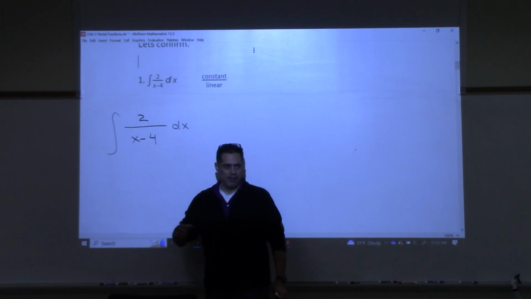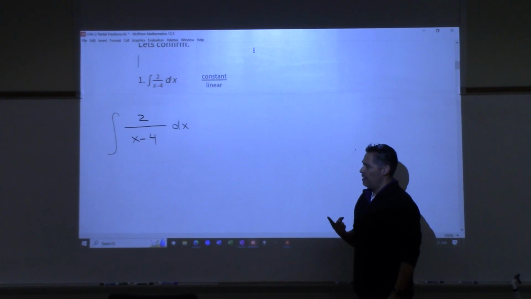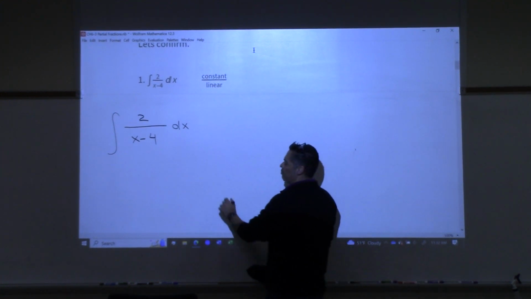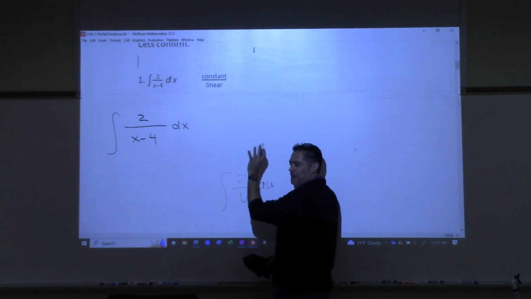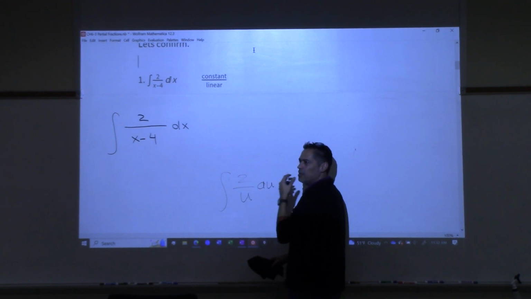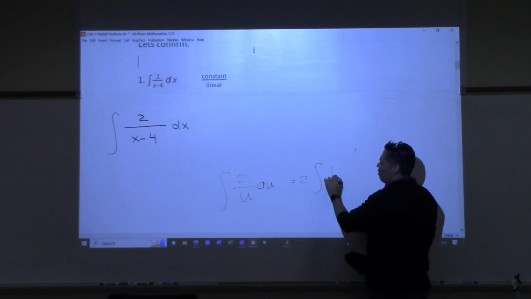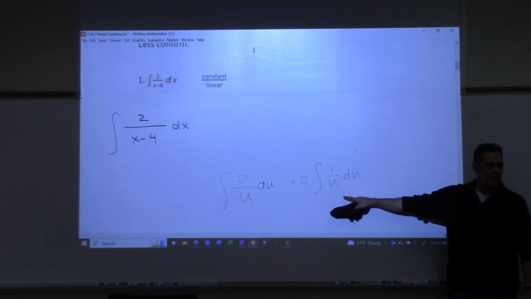Then the derivative of that would just be 1. And so I'm not going to have to scale anything, am I? And that integral would really then turn out to look like a 2 over u du, wouldn't it? That's the same as pulling the 2 out, 1 over u du. And the antiderivative of 1 over u is natural log of the absolute value of u.